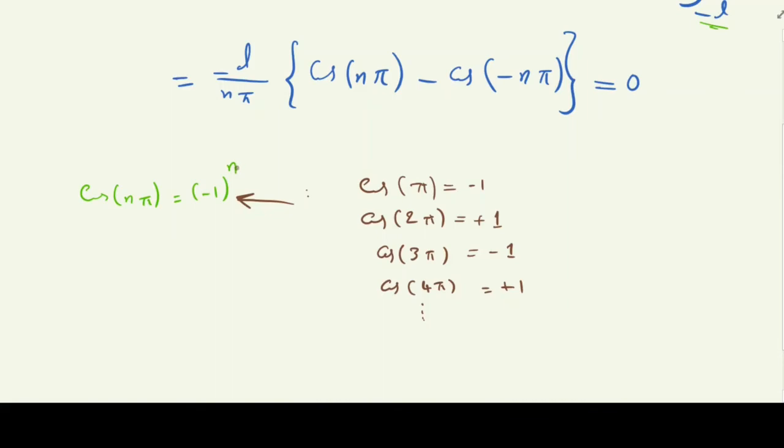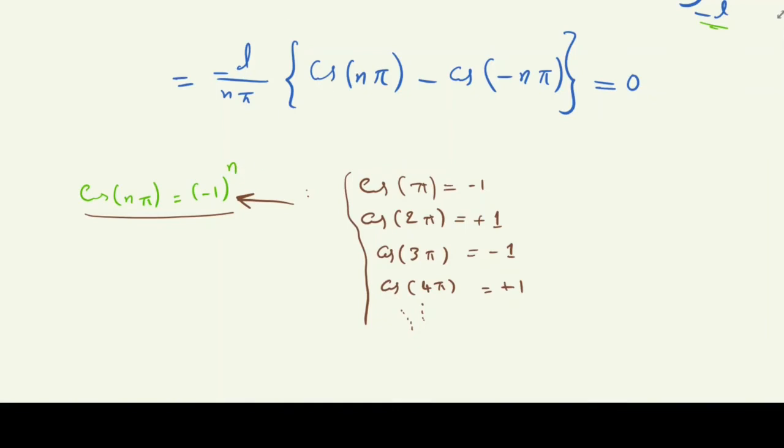And if n is even, then it's going to be minus 1 to the power of some even integer, which is going to be equal to plus 1. So all these specific examples that I have shown on the right can be simplified into one single equation like this. So cosine n pi is going to be minus 1 to the power n, right?